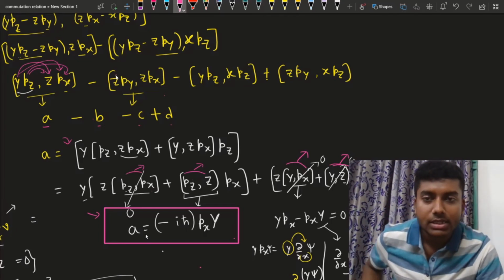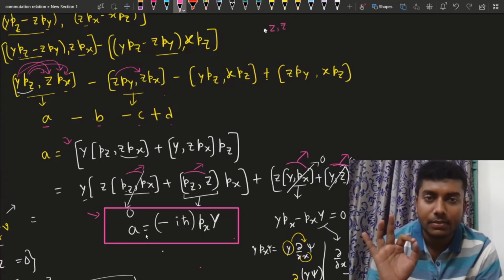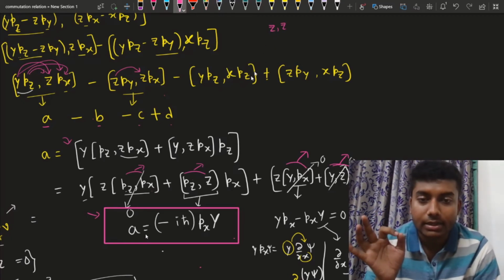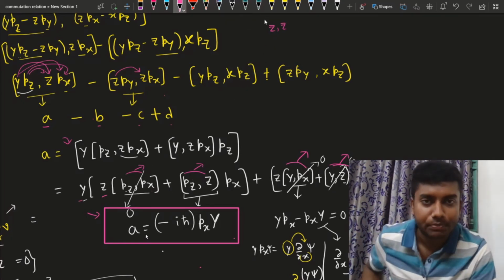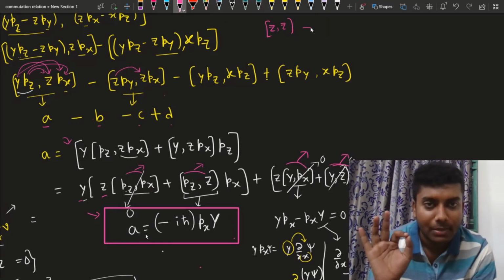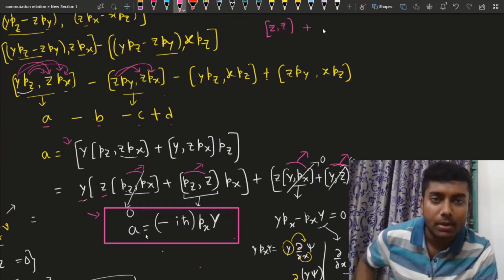First z is connected with this, so what will that be? I'm just taking this roughly because I'm not writing here the additional terms. So z and z, there is a commutation of z and z, plus the second term will be z comma px.